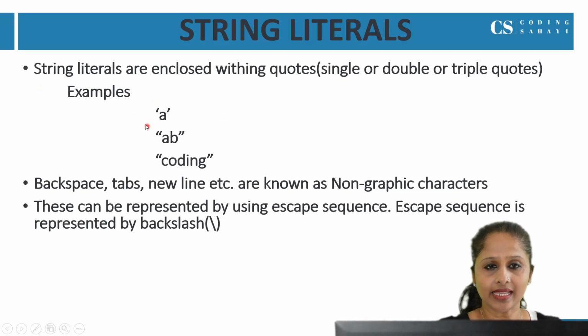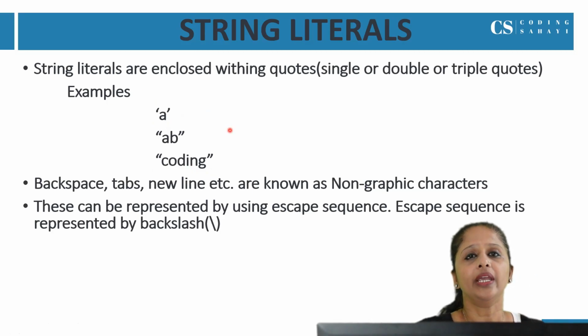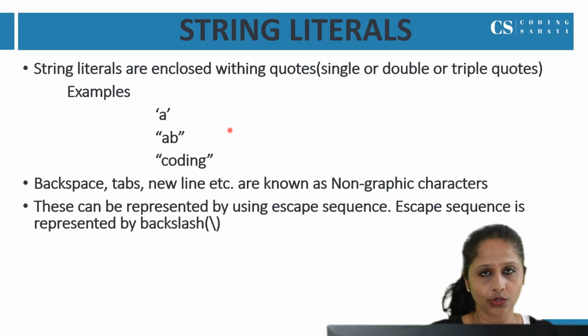So these are some examples: I have written in single quotes A, then AB, coding. So these are all examples of string literals. In Python we can write a single character, a group of characters, or multi-line characters inside quotes. So these are all considered as strings.